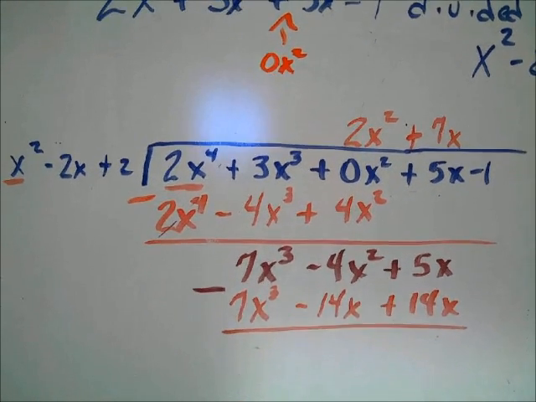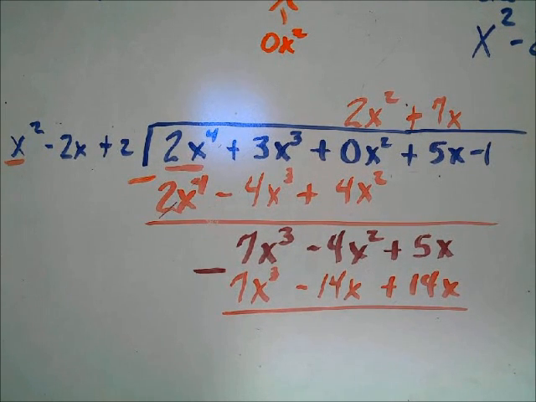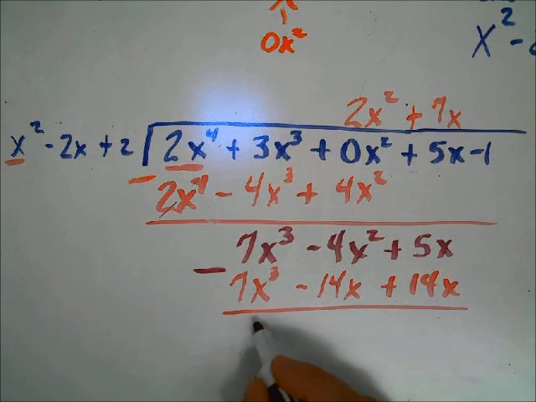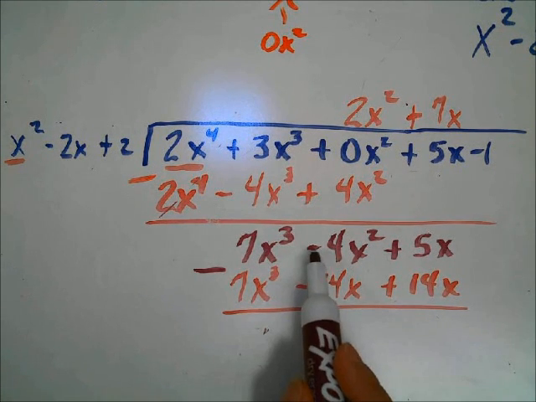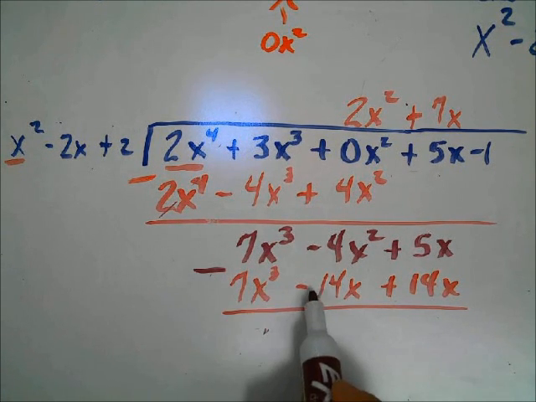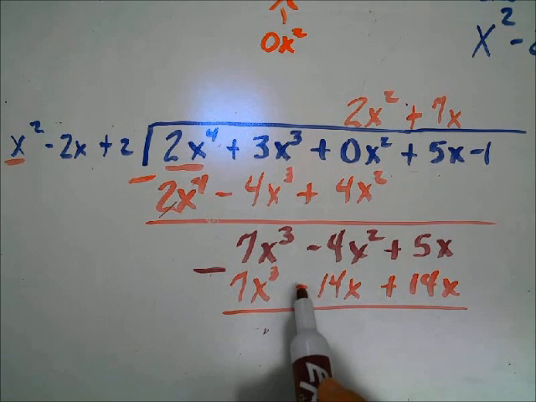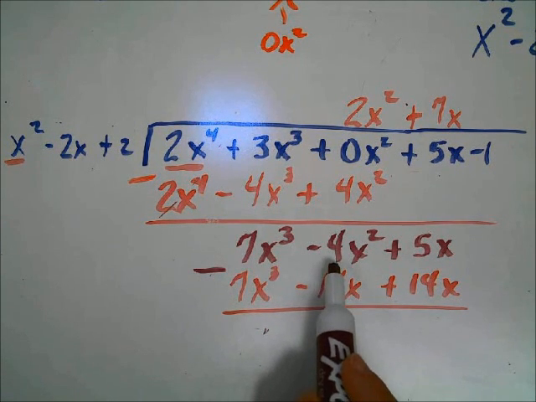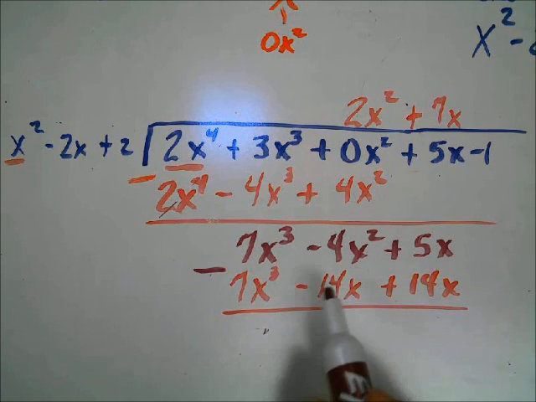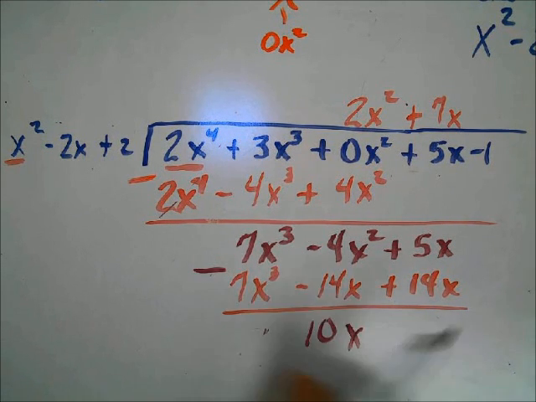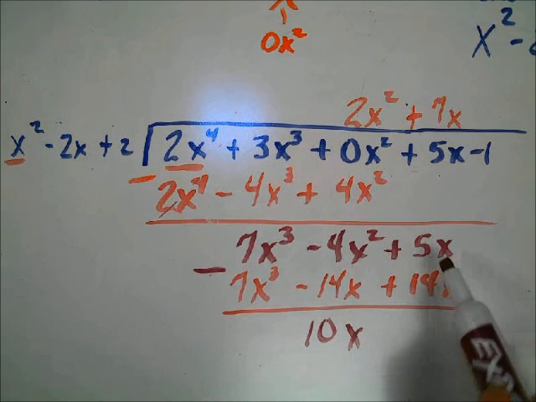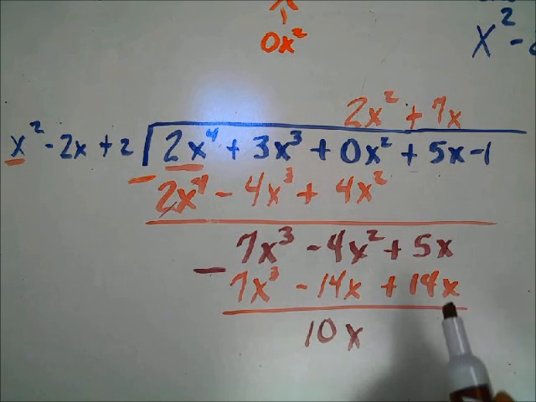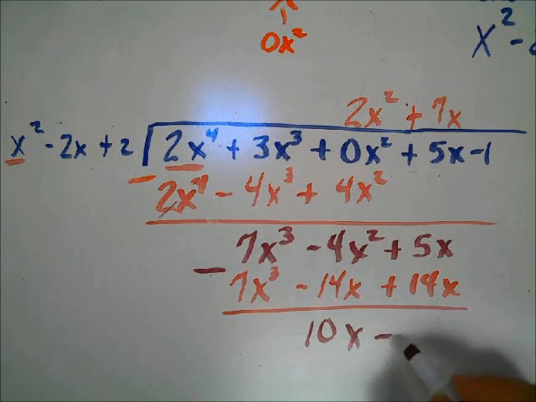So really I have negative 4 plus 14, which is positive 10. 5x subtract 14x is negative 9x. Bring down your negative 1. At this point, I need to look and see, oh, I left off the x squared here. Hope you found that mistake.